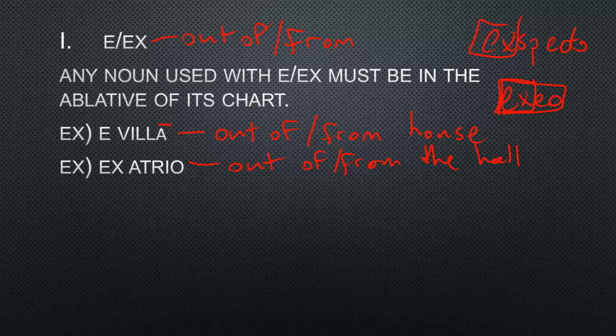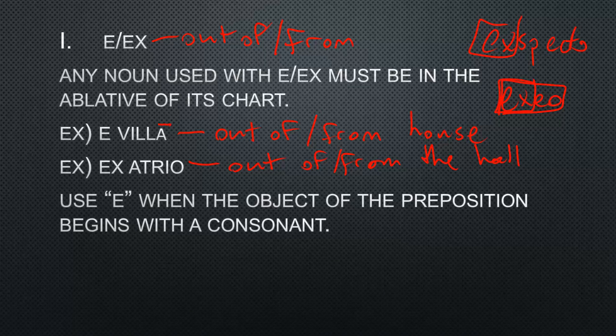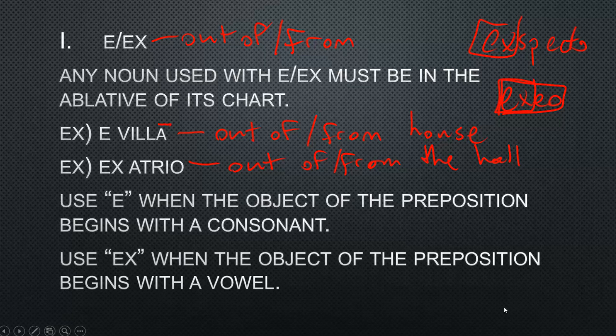The difference in the way you choose is that you use A, or just the letter E, when the object of the preposition begins with a consonant. You use EX when the object of the preposition begins with a vowel. So notice a villa because V is a consonant, ex atrio because atrium, A is a vowel.